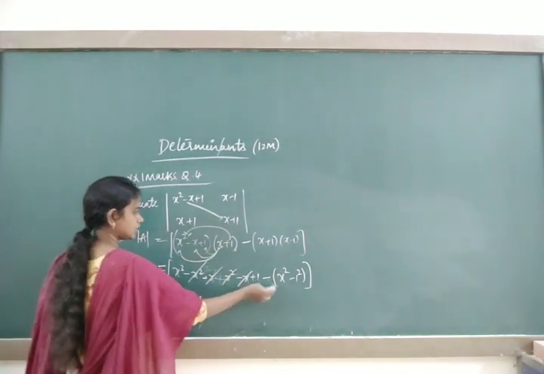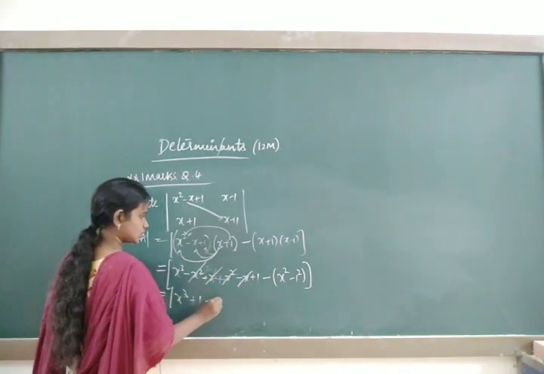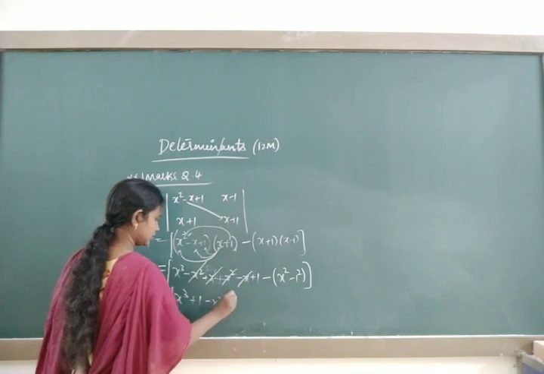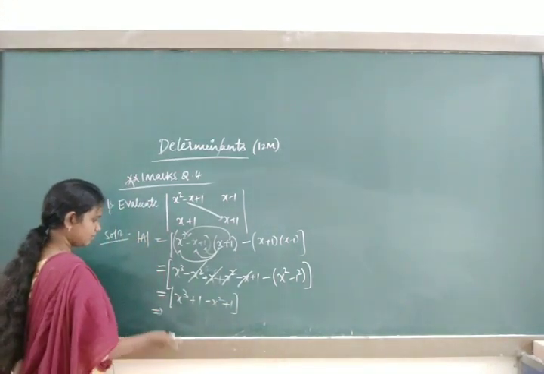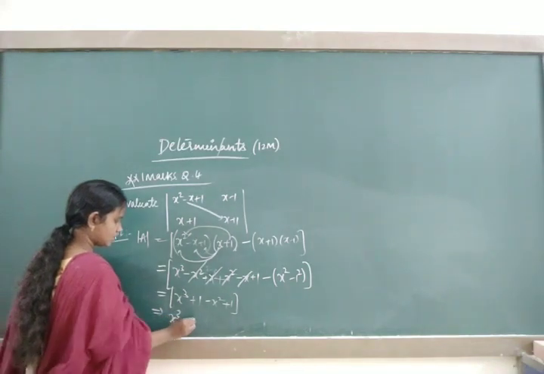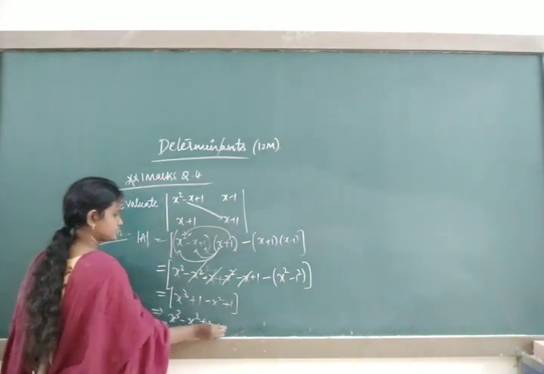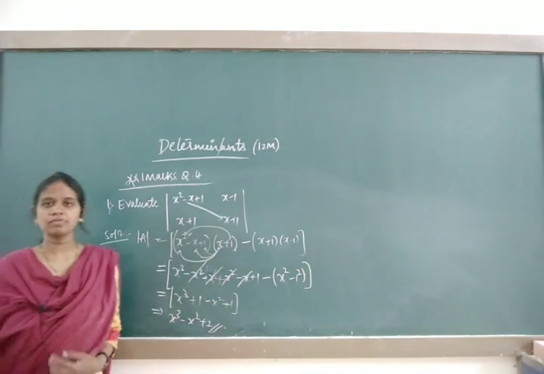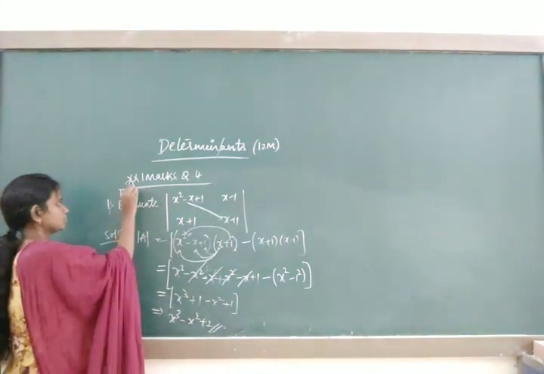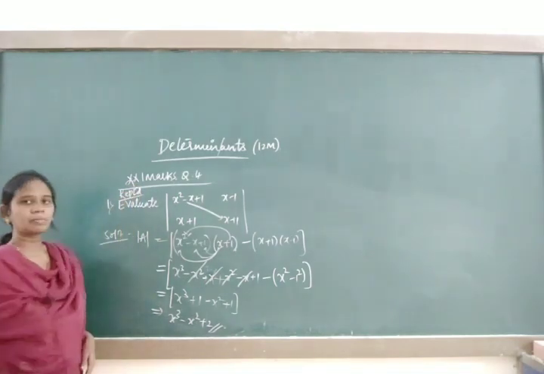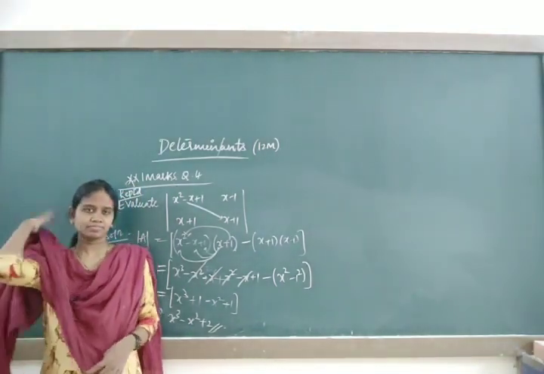And you just take minus inside, it's a minus x square, minus into minus plus 1. So our answer will be x cube minus x square plus 2. This is the expansion of determinants and it is a repeated problem. Repeated problem for 1 mark.